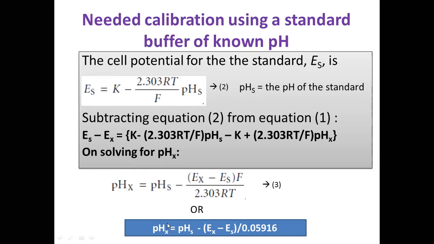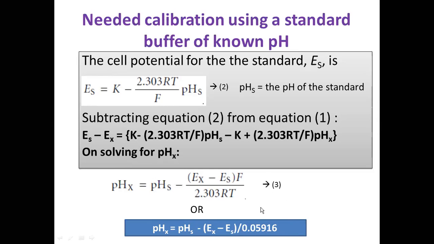So this is an important relationship, and this is not only applicable for the glass electrode or pH electrode or hydrogen ion selective electrode. Glass electrode or pH electrode is also called as hydrogen ion selective electrode. Any ion selective electrode you construct, if M is any ion, pM of X is equal to pM of S minus EX minus ES divided by 0.05916.